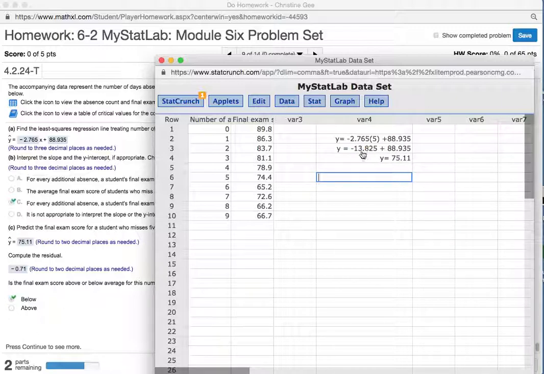What this is telling us is if a student is absent 5 times, we're predicting, based on this least squares regression line, that the score would be around 75% for the final exam.